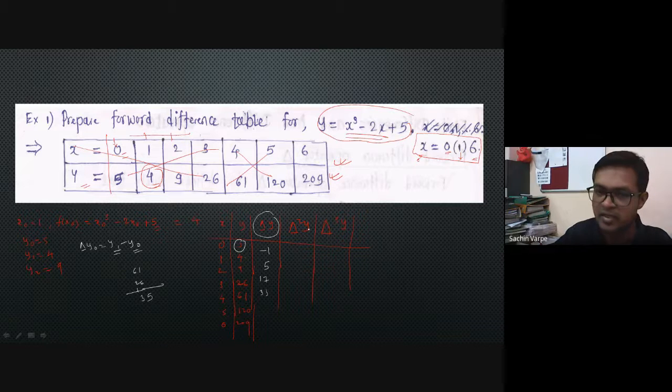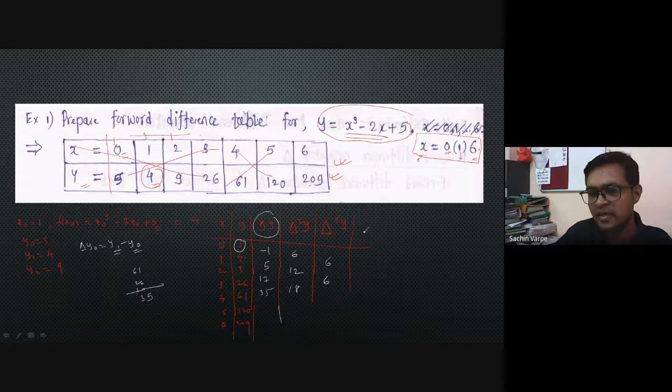Okay. Again for delta square, subtraction of these two: 5 minus minus 1 will be 6. Then 17 minus 5 will be 12, right? Like this. Then 35 minus 17, 18, like this. Again, for delta cube, subtraction of these will be 6, like this.